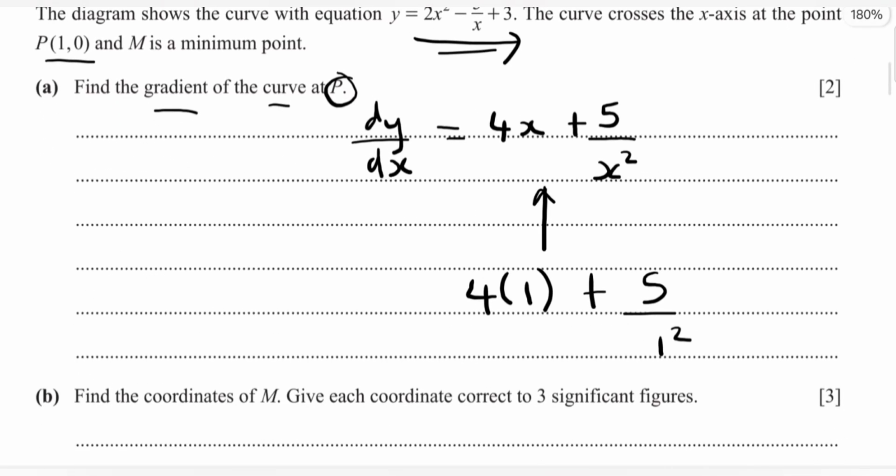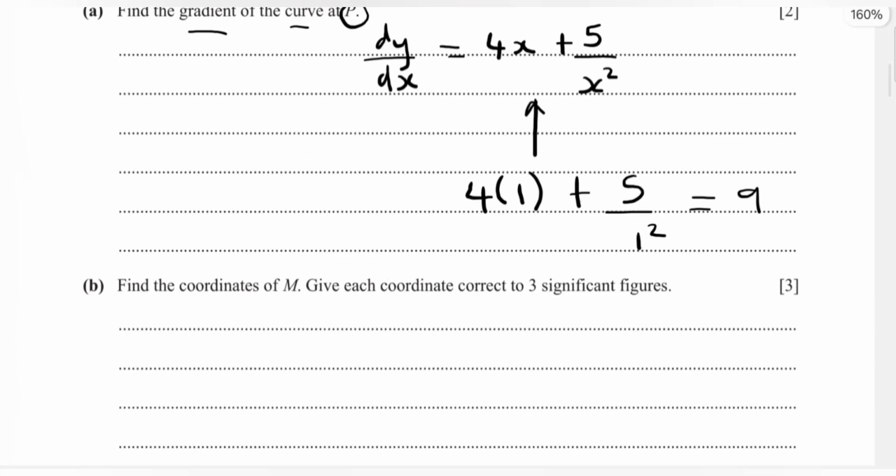So that's 4 plus 5, which gives us 9. So the gradient of the curve at P is 9. You might be wondering why I did not talk about this 3 right here, but I'm assuming that you know that if we differentiate a constant or a number, we get 0, so there's no point in writing that, right?